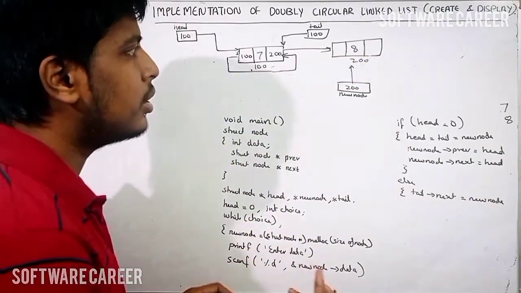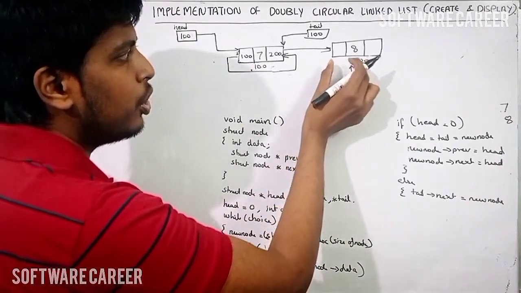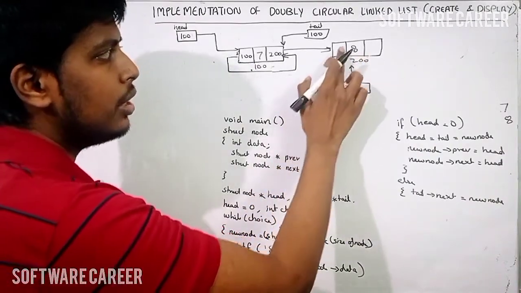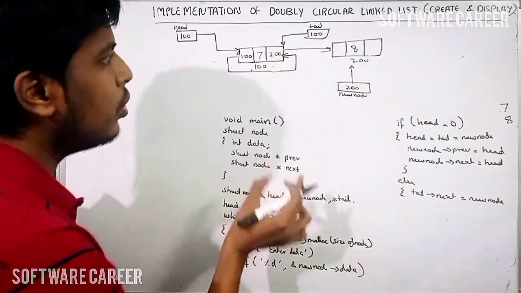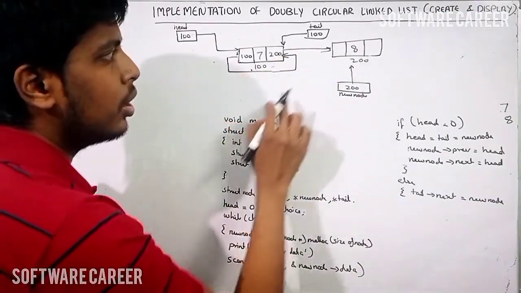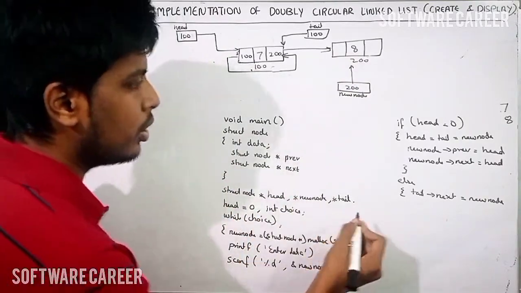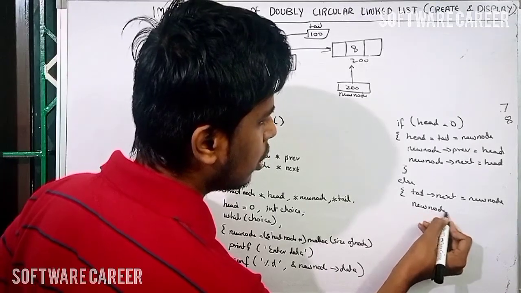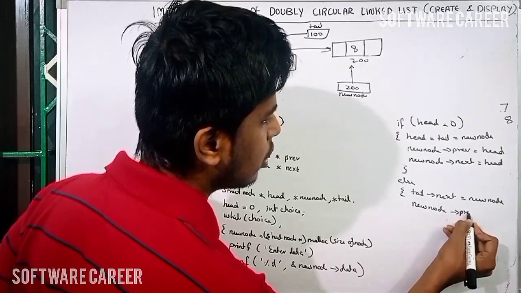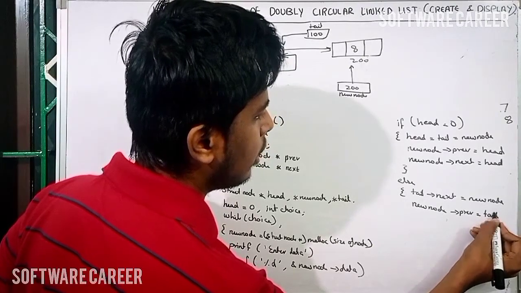Now see, the next step is you should create a backward link. That means the previous pointer of this node should contain the address of the previous node. So what is the address of the previous node? 100. So I should store 100 here. How can I do it? I am writing the code here: new node previous equals to tail.